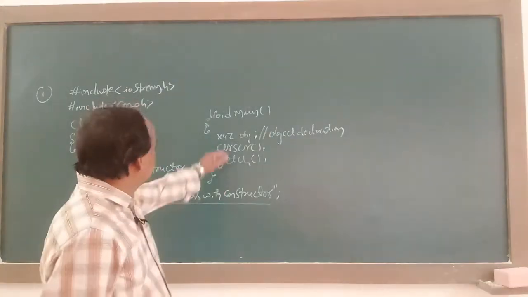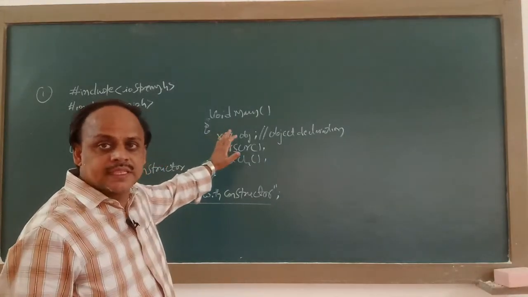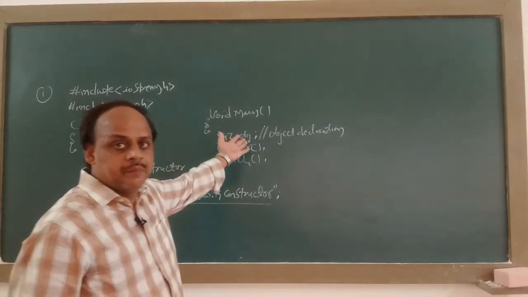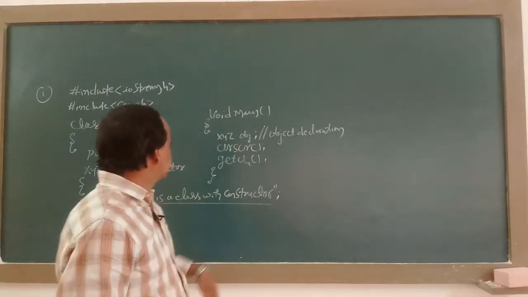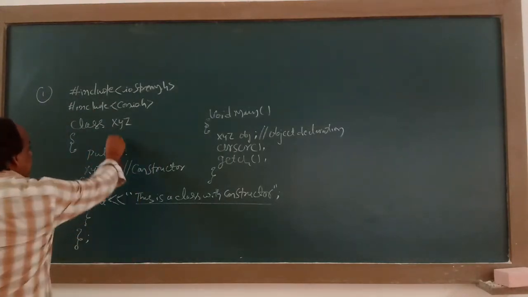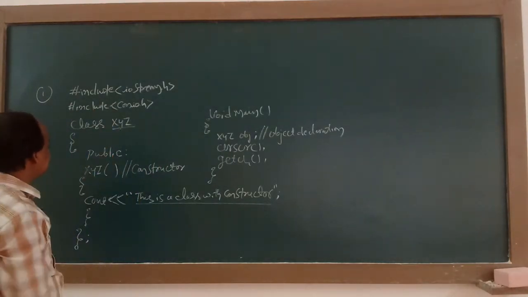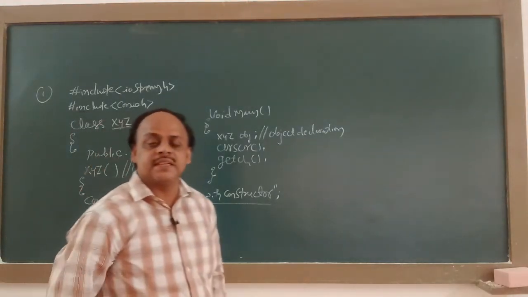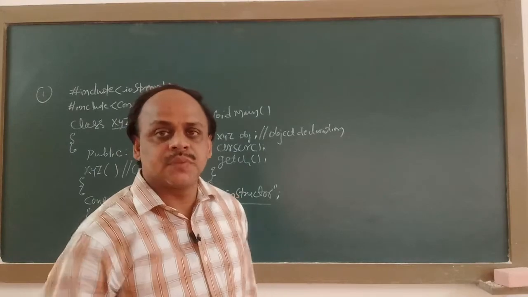Let me explain the program. This is a simple main program. On one side the main function is there, on the other side the xyz class is there, right? This xyz class contains a constructor.